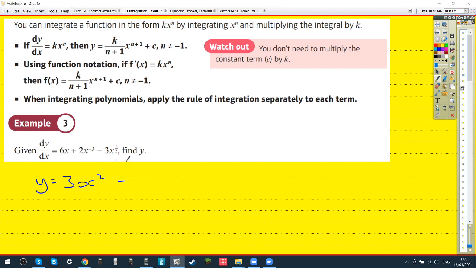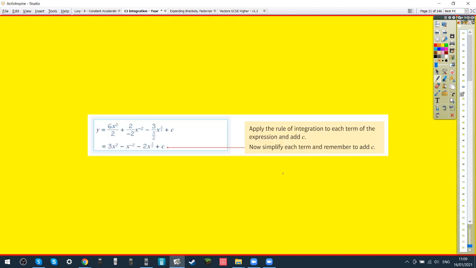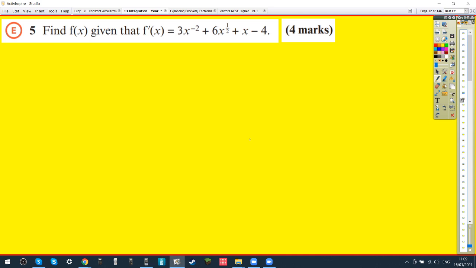Let me see. What was the middle one? Minus x to the power of minus 2. Yeah. And then what was this one, sorry? Minus 2x to the power of 3 over 2. And then plus c. Plus C. Looks good to me. I thought you'd be fine.